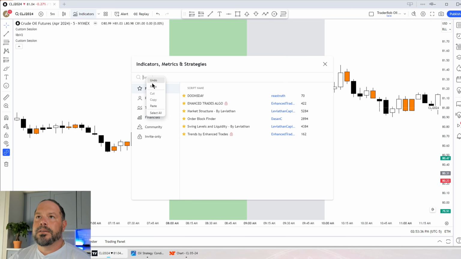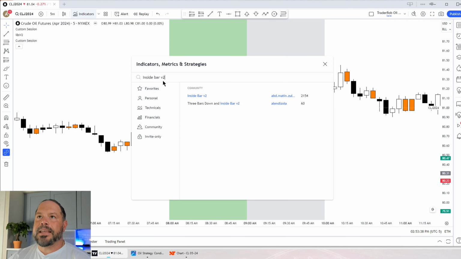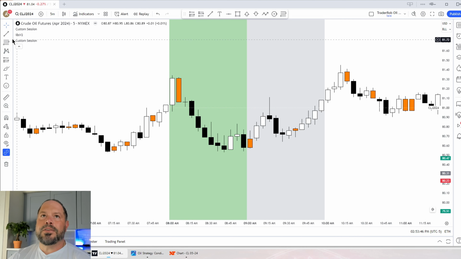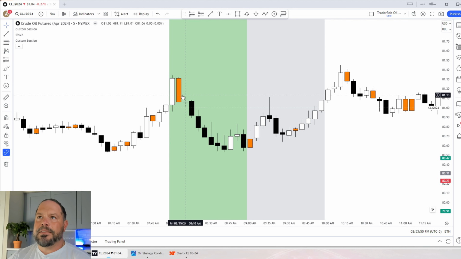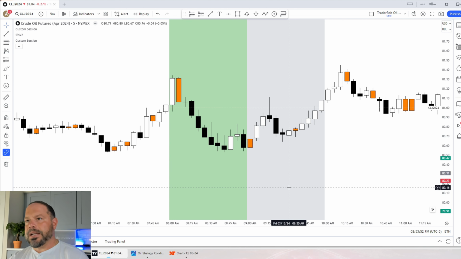For that one, you just type in inside bar version 2, or V2. And here it is, the first one that comes in. You honestly don't even need to change the settings. The inside bars are going to paint just like how we're trading it.